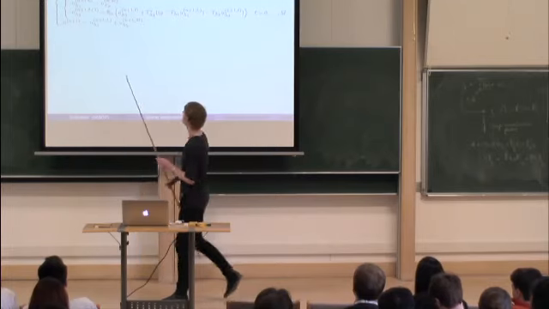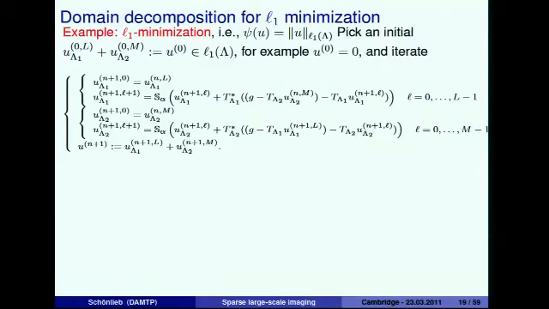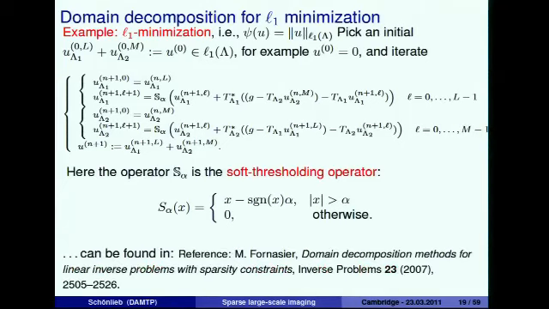For L1 minimization, I compute the minimizer on each of these subspaces by soft-thresholding, for example. And what you can show, or what Massimo actually showed, is that with this procedure you are converging, even strongly, to a minimizer of the functional on the whole index set lambda.